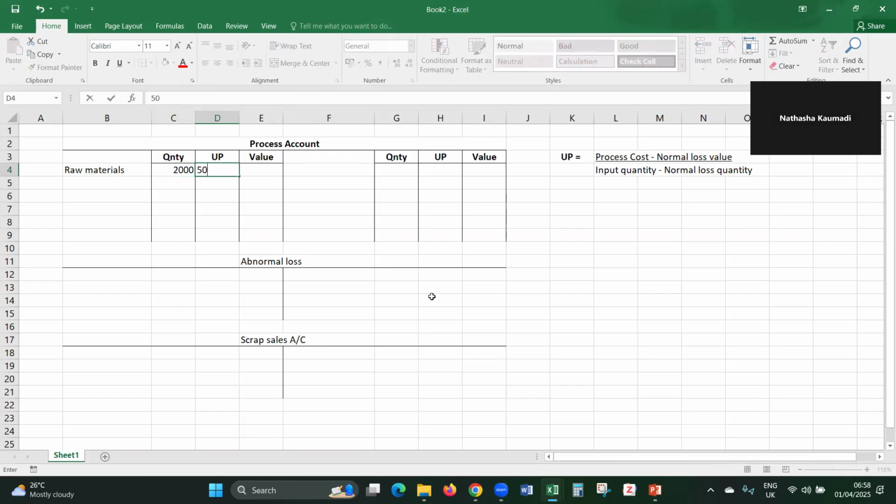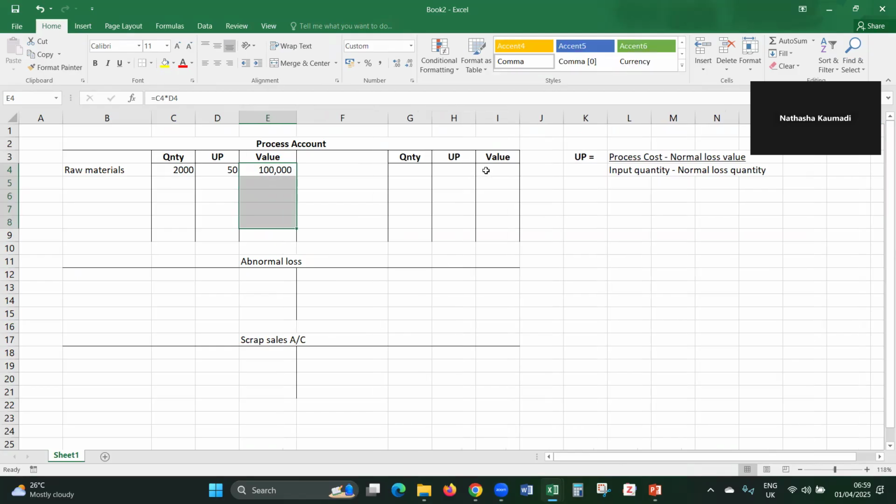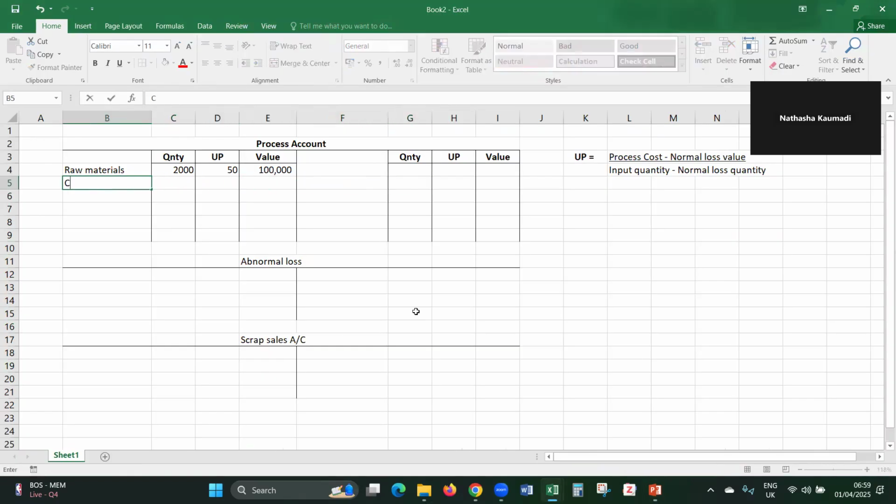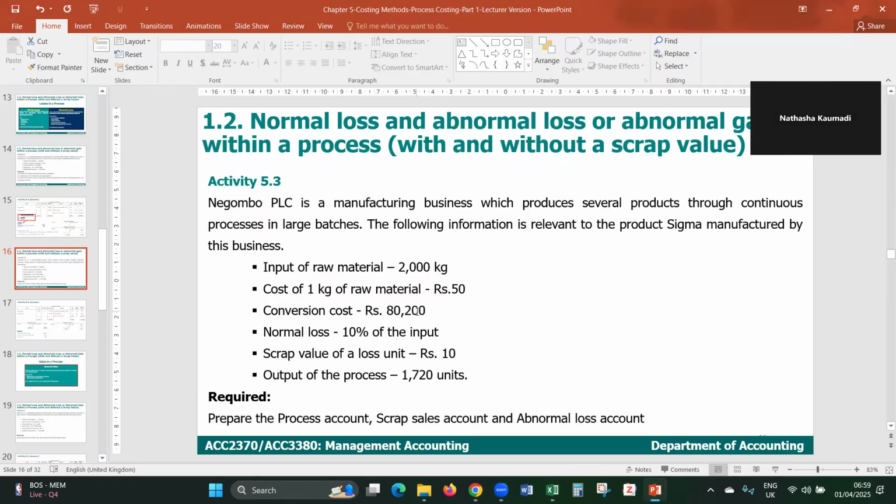So you're putting 50 here, the unit price, and then we can have the value as well. These things you already know, we discussed. Okay, and then conversion cost 80,200. So I'm putting the conversion cost 80,200. That's it for the input.